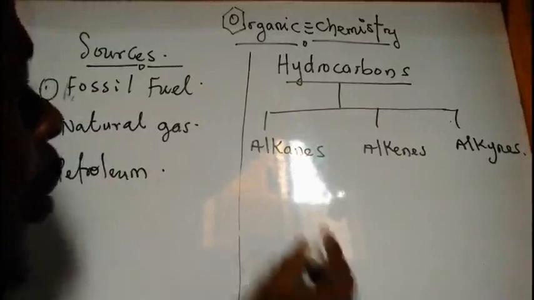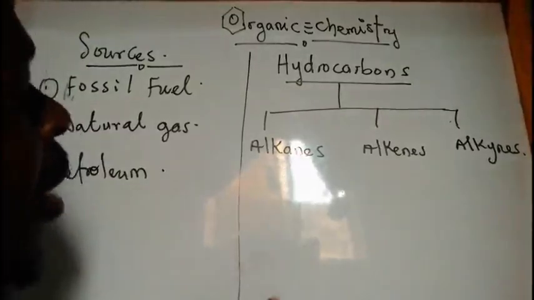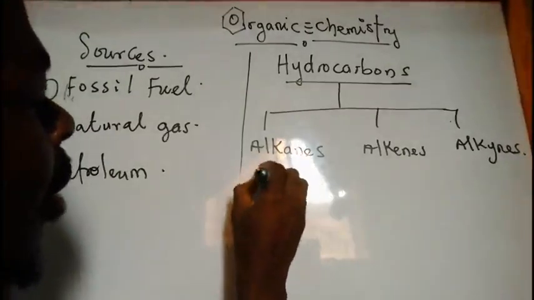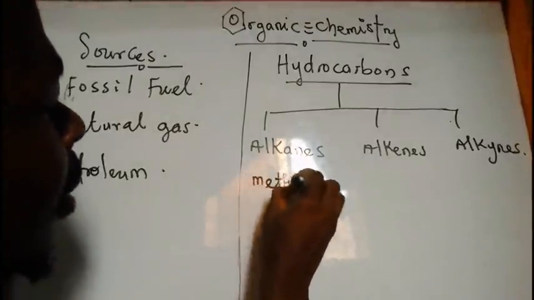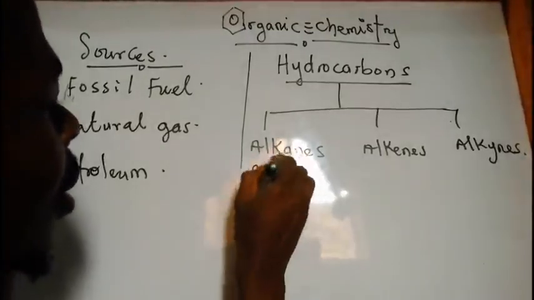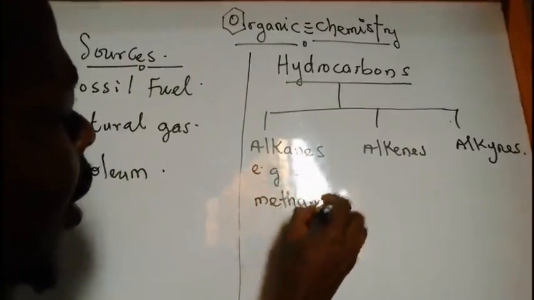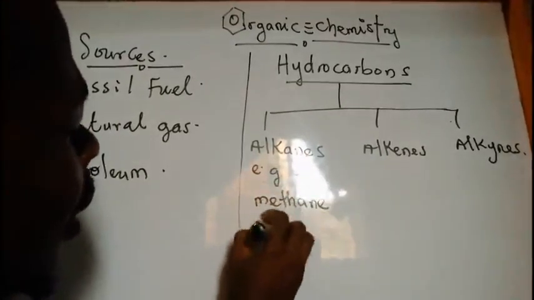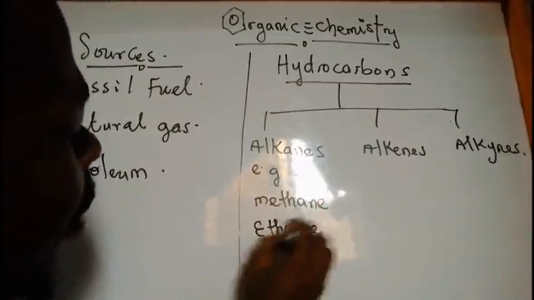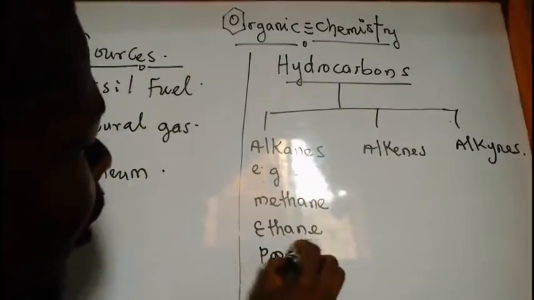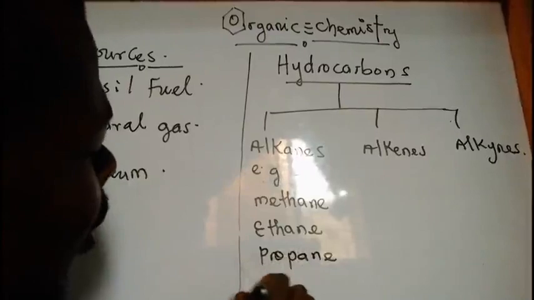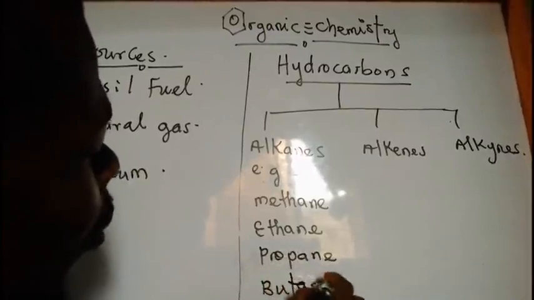Now first, when we talk about alkane, what comes to our mind? What comes to our mind are methane, okay, e.g. methane is an example, ethane, propane, butane, and so on and so forth.